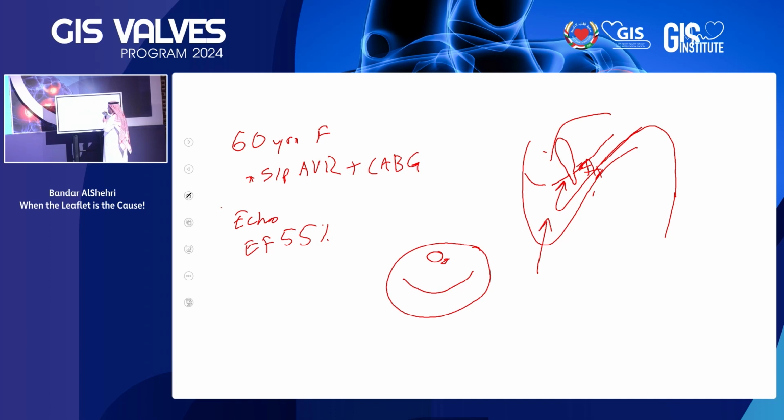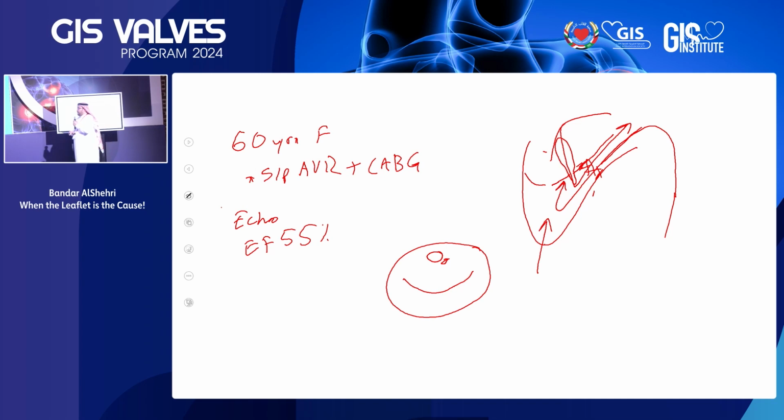The apical approach goes through the apex, and this will require thoracotomy, and then crossing the mitral valve lesion. And the transseptal, it's like what we are doing in the MitraClip and percutaneous repair, is to go through the transseptal, go to the LA, and then cross through the lesion and go to the aorta.